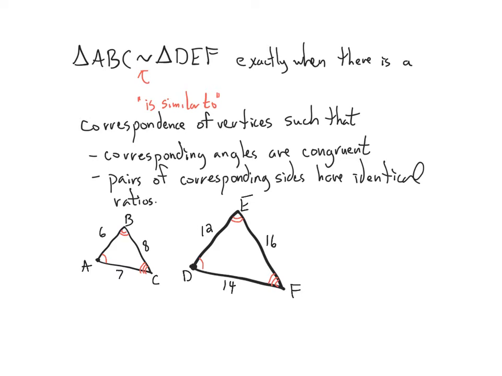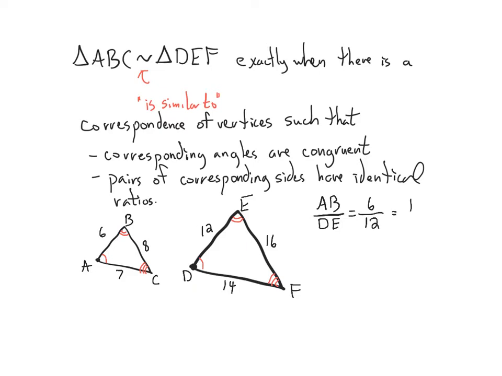So if I look at the corresponding pair of sides AB and DE, well, the length of AB is 6. The length of DE is 12.